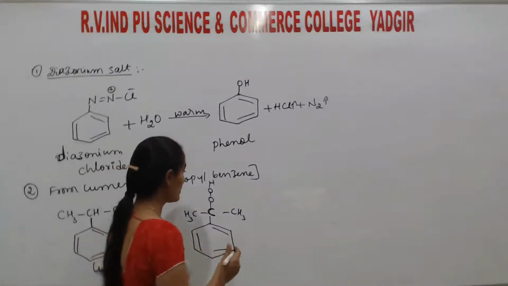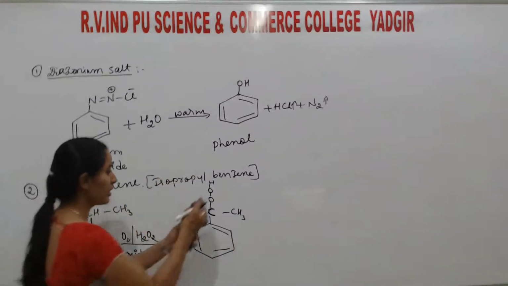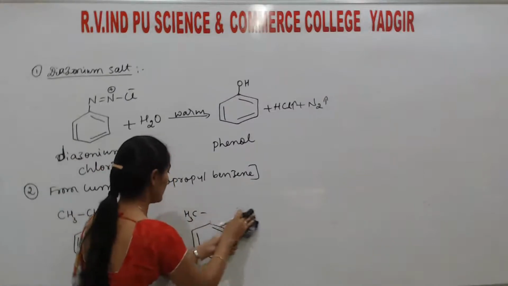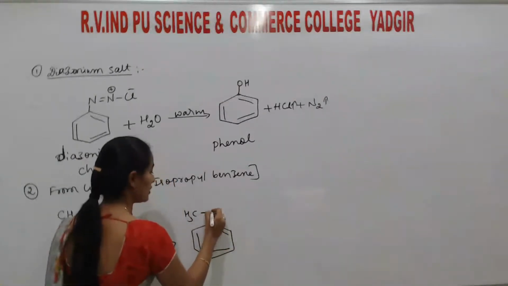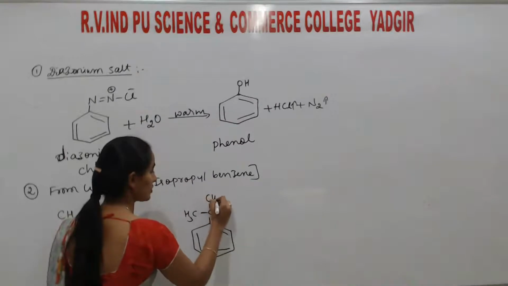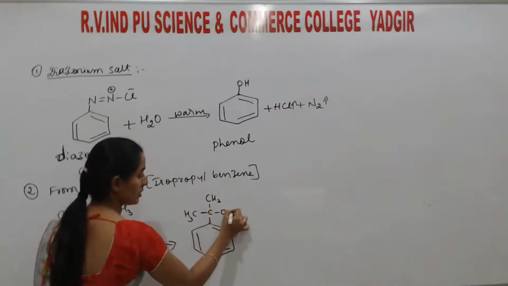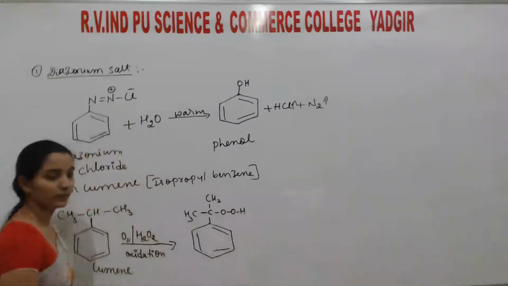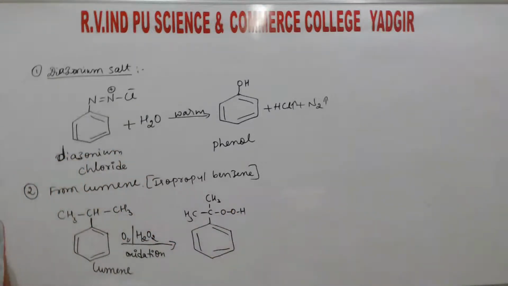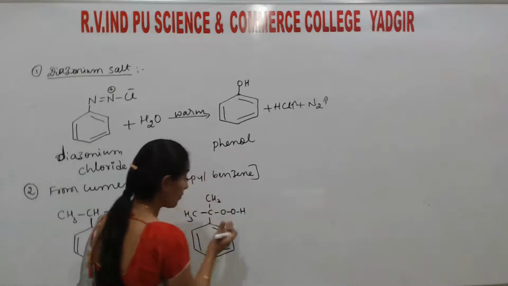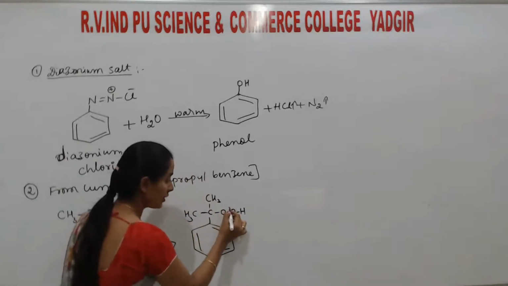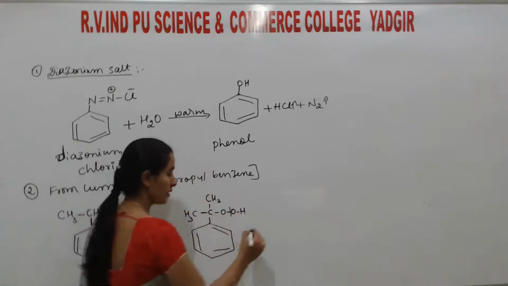I will just replace this. Remember, this is CH and then CH3. So this oxygen is inserted here. Okay, so then what happens here? What we need? OH we need. Then the bond will break here.